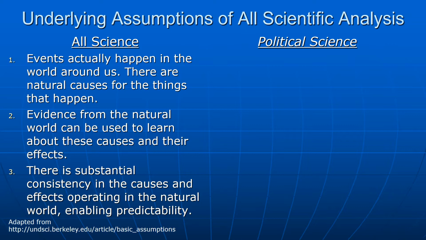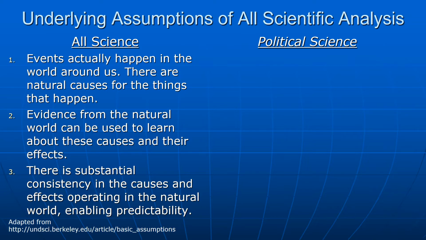So all of science operates this way, right? All scientists believe that events actually happen. There are causes for the things that happen, we can learn about causes and effects, we can gather evidence from the way the world works, and we can evaluate causes and effects and develop mathematical models and probabilistic models about the relationship between causes and effects.